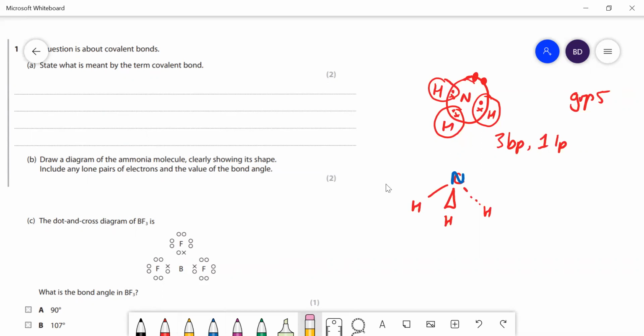We have actually got a lone pair, and a lone pair causes greater repulsion than a bond pair. So instead of this angle being 109.5 as it would with methane, CH4, it's about 107.5. It's a bit smaller, and we describe that shape of the molecule to be pyramidal.